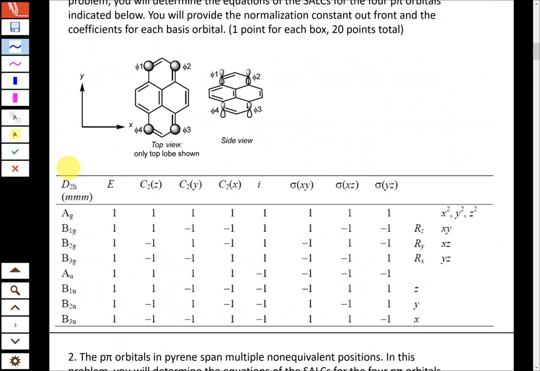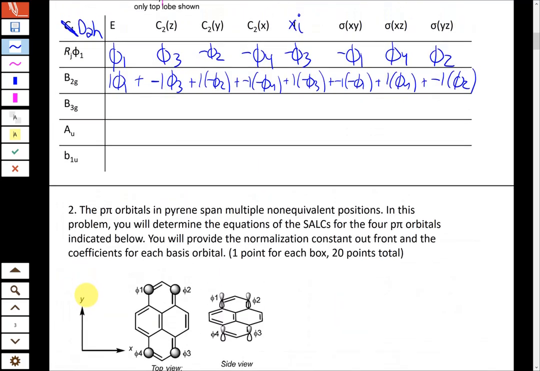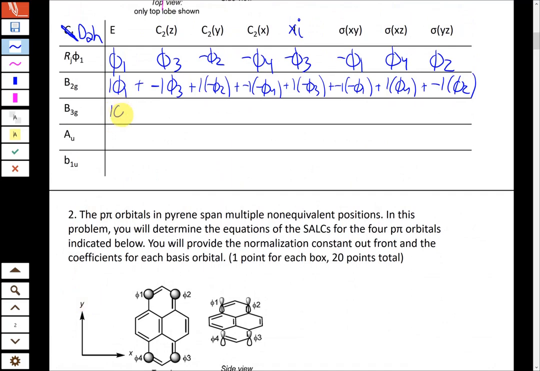Now when we go to B3G, the characters are 1, minus 1, minus 1, 1, 1, minus 1, minus 1, 1. So it's that pattern there. And so for B3G, we get 1 times phi 1, minus 1 times phi 3, minus 1 times minus phi 2, and then 1 times minus phi 4.